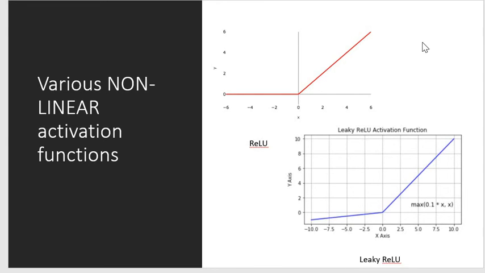The next important activation function after ReLU is the leaky ReLU. The graph is quite similar, but the main difference is that even after 0, it tends to go below, and it is not exactly equal to 0 for any input which is negative. This prevents the dying ReLU problem.